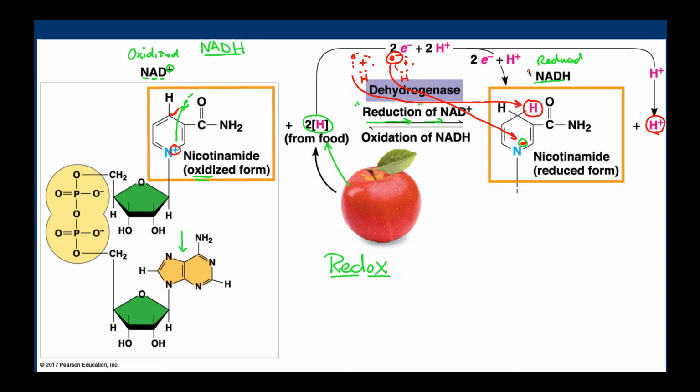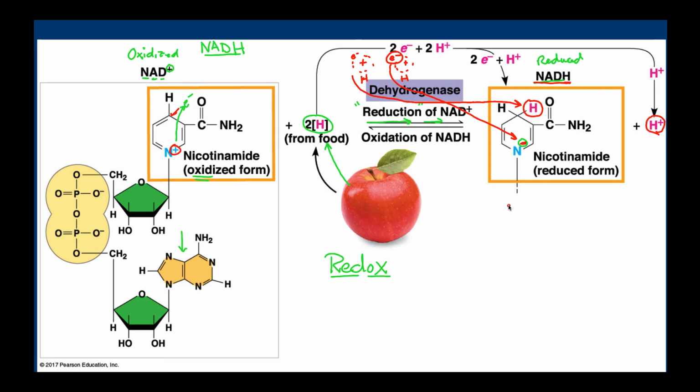Okay, so when we see NADH with that hydrogen added, then we know this is the reduced form of the electron carrier. But we also always got to remember that it's carrying this hydrogen proton along with it.